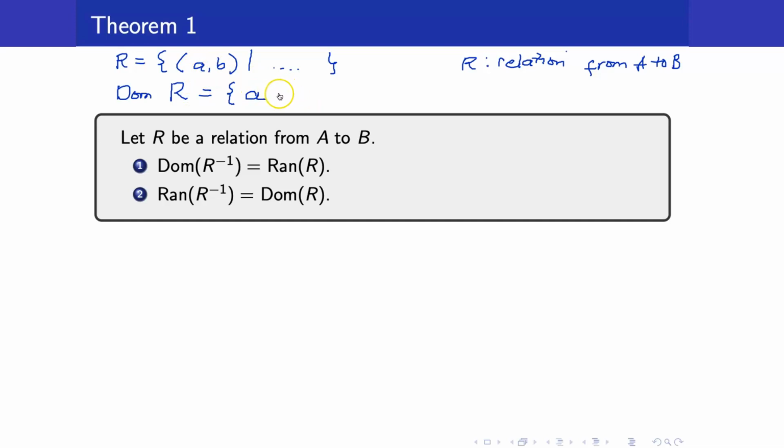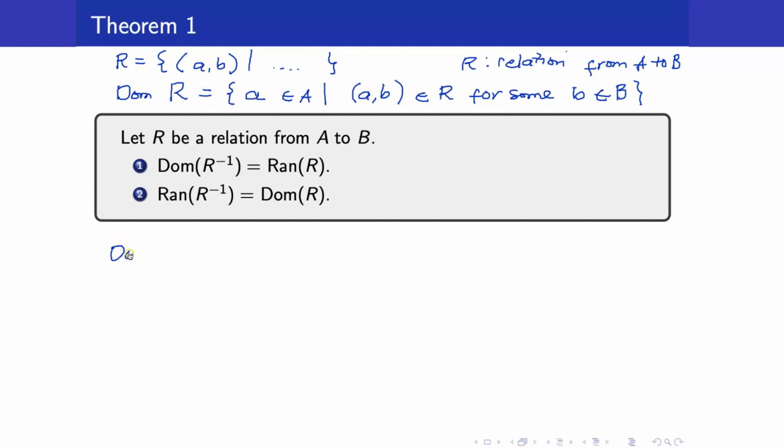So all a in A such that it is a first entry. So (a, b) is an element of R for some b in B.